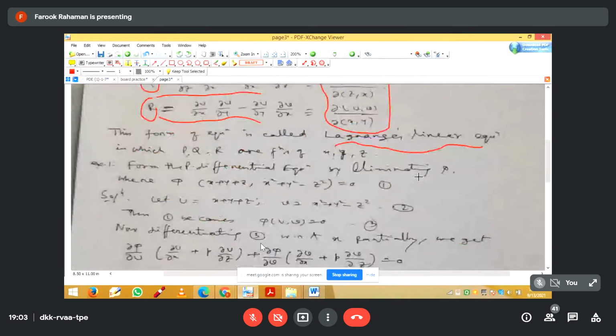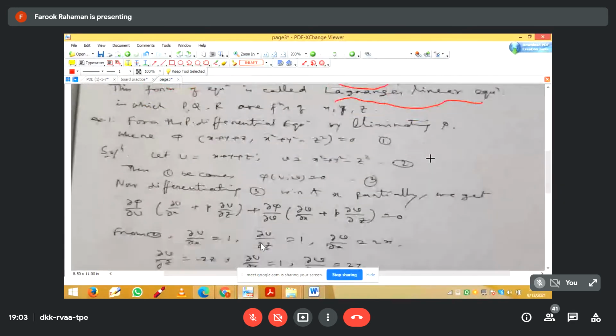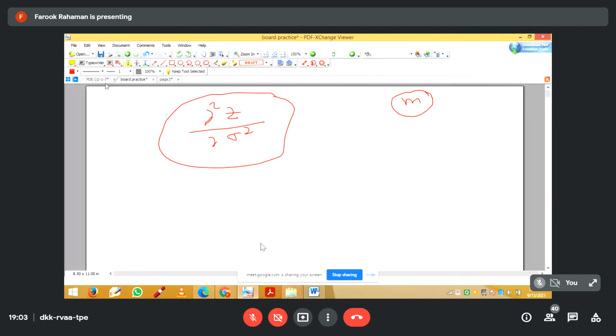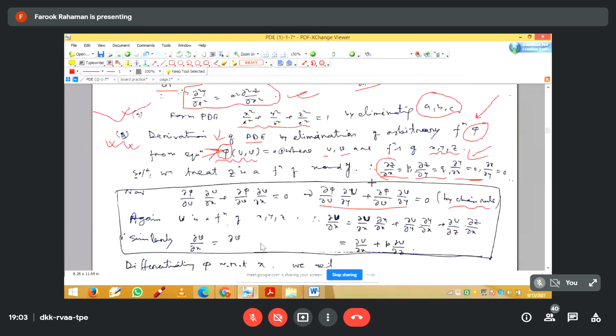Okay. Now take a problem like this. Form a differential equation from this one. We just compare with our previous one, where phi of u and v equals 0.